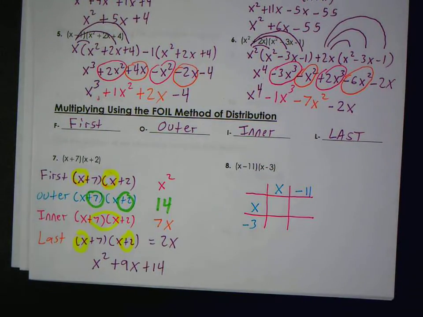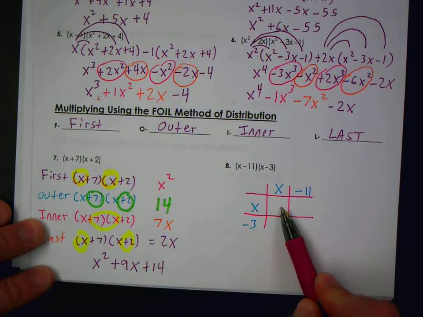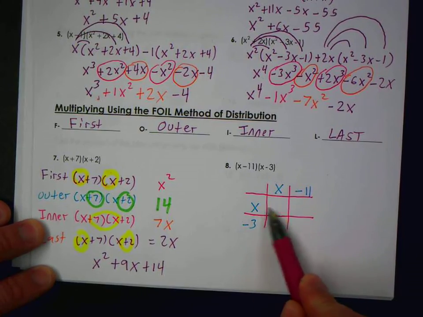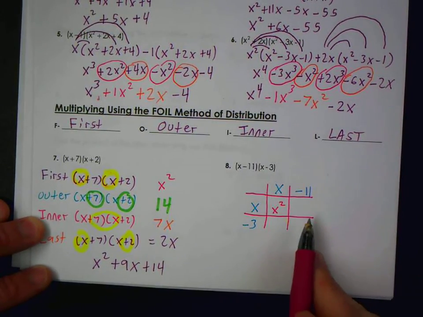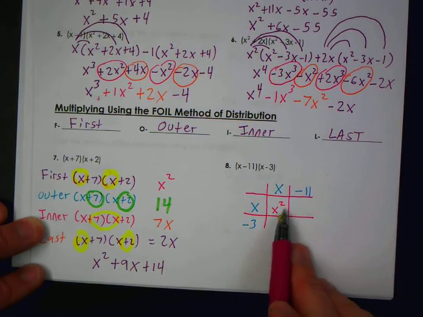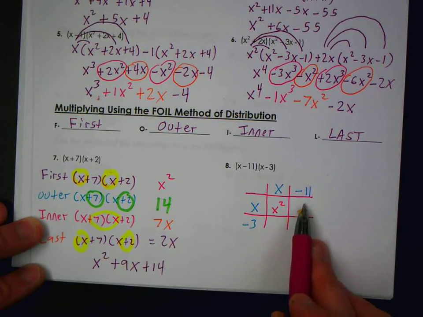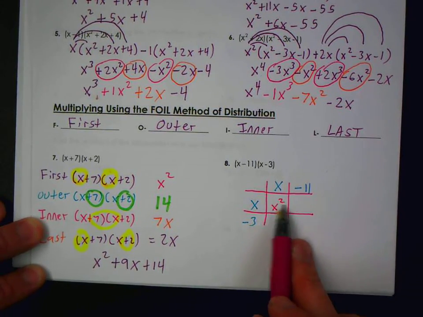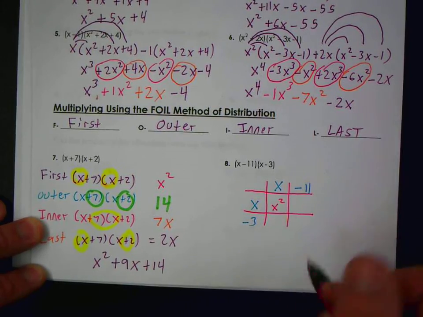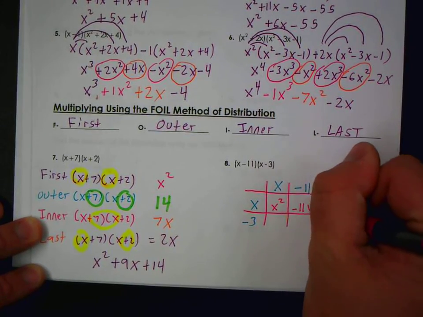You put one on one side and one on the other, and then what's nice is this is whatever x times x is, x squared. And this term is whatever x times negative 11 is, which is negative 11x.